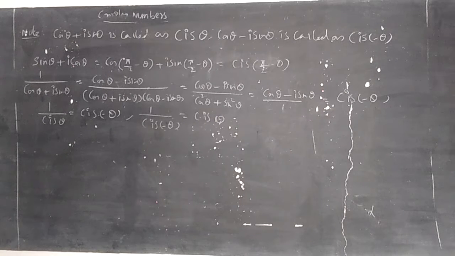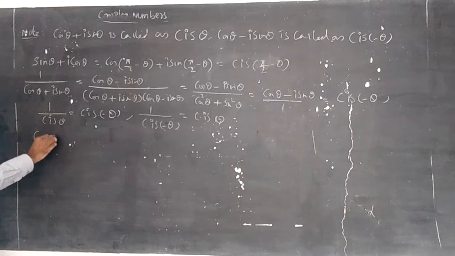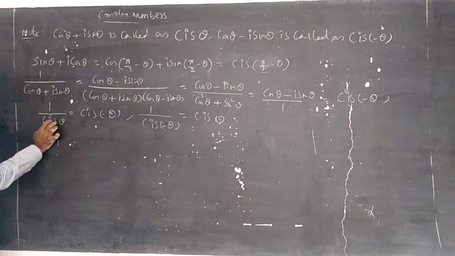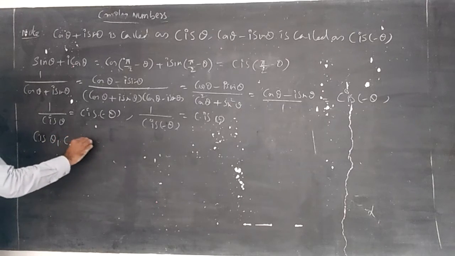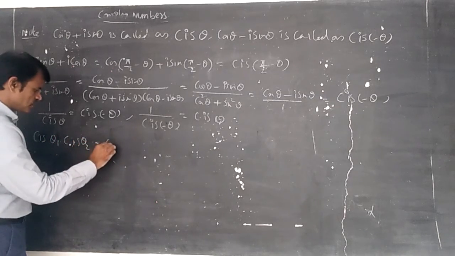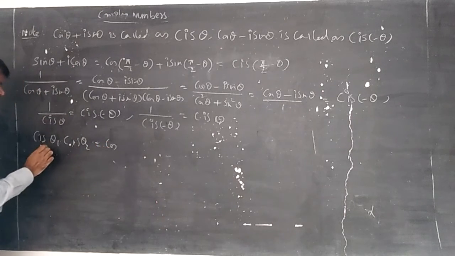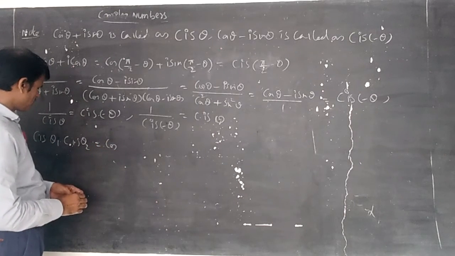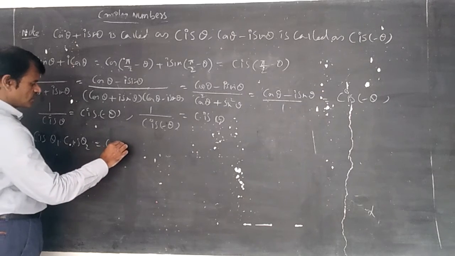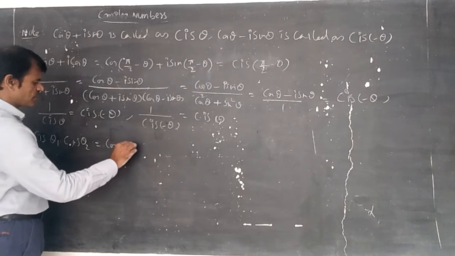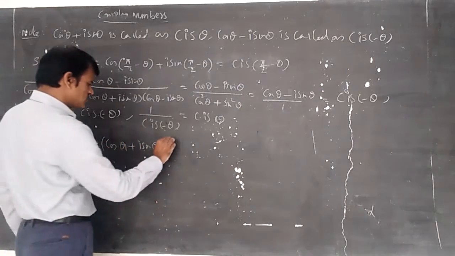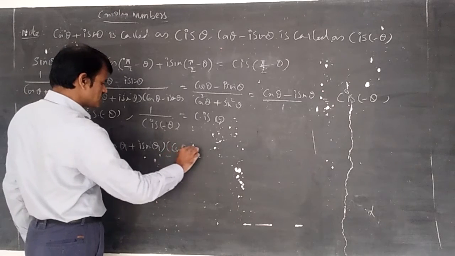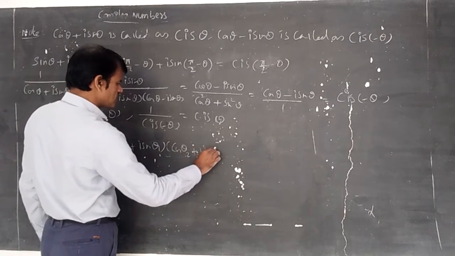Now I am writing cis theta 1 dot cis theta 2. You can write (cos theta 1 plus i sin theta 1) into (cos theta 2 plus i sin theta 2).